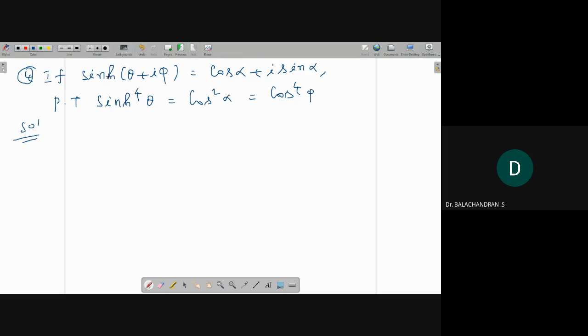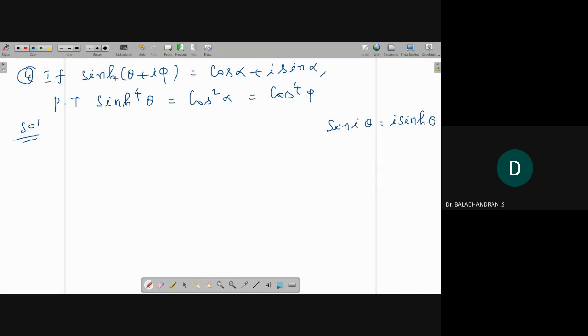So now, what you know is that sin i theta equal to i sinh theta.